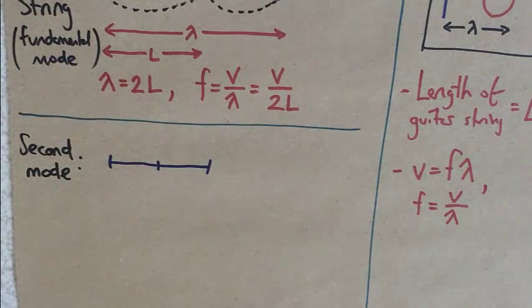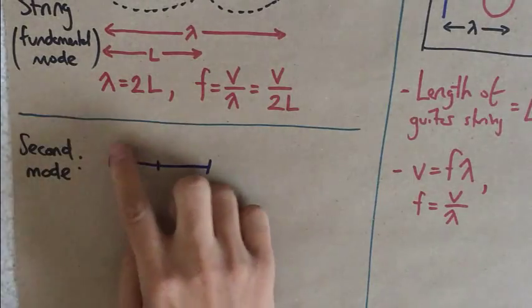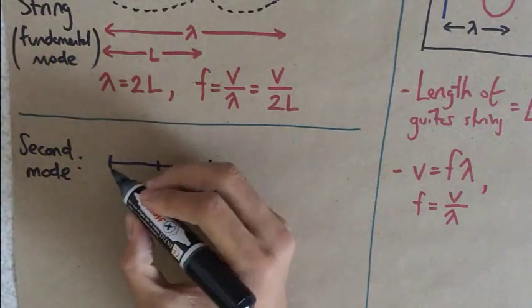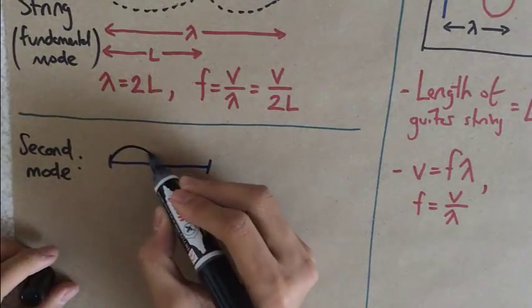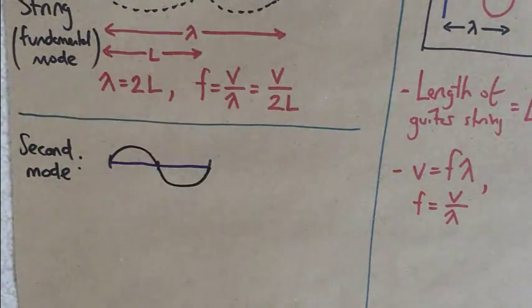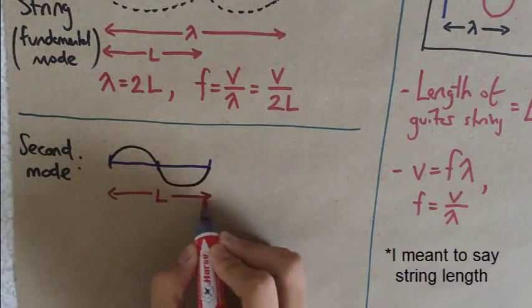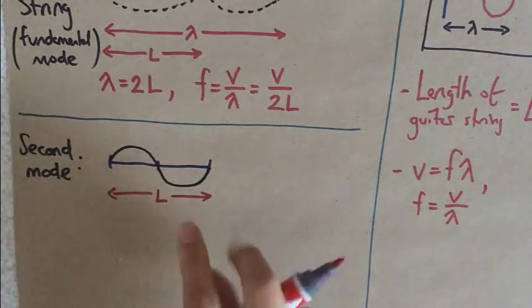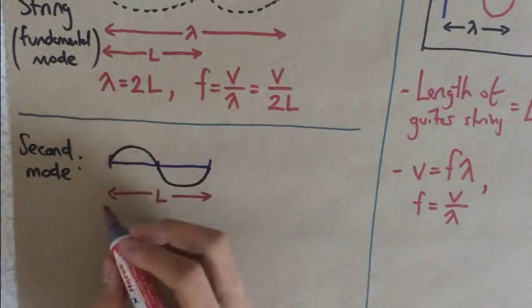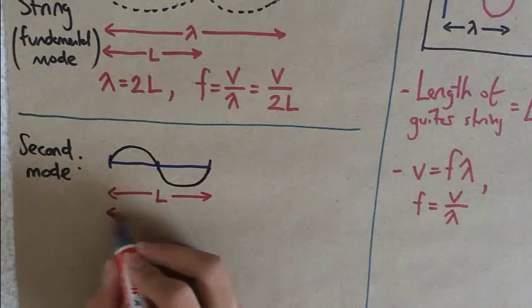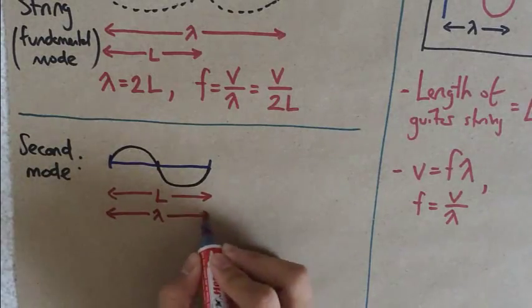Now, the wave would have to go through all the nodes, so the shape instead would look like this. It would look more like that. And obviously, when we compare it to the original shape, we can say that this length is one wavelength.